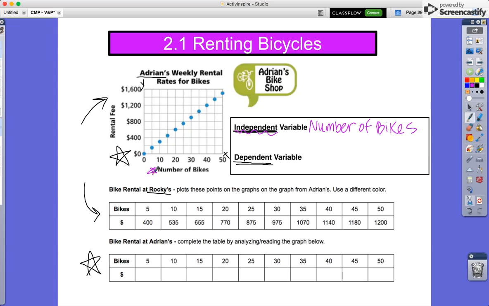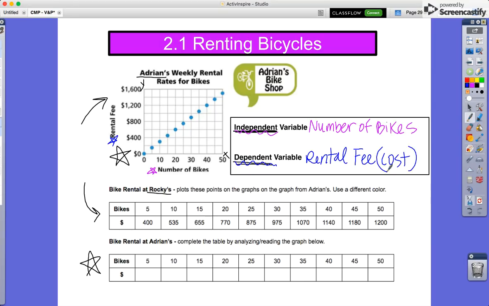And depending on however many bikes the people buy, that tells us how much it's going to cost. So the dependent variable is the rental fee or the cost. So make sure that you get this written on your lab sheet also.